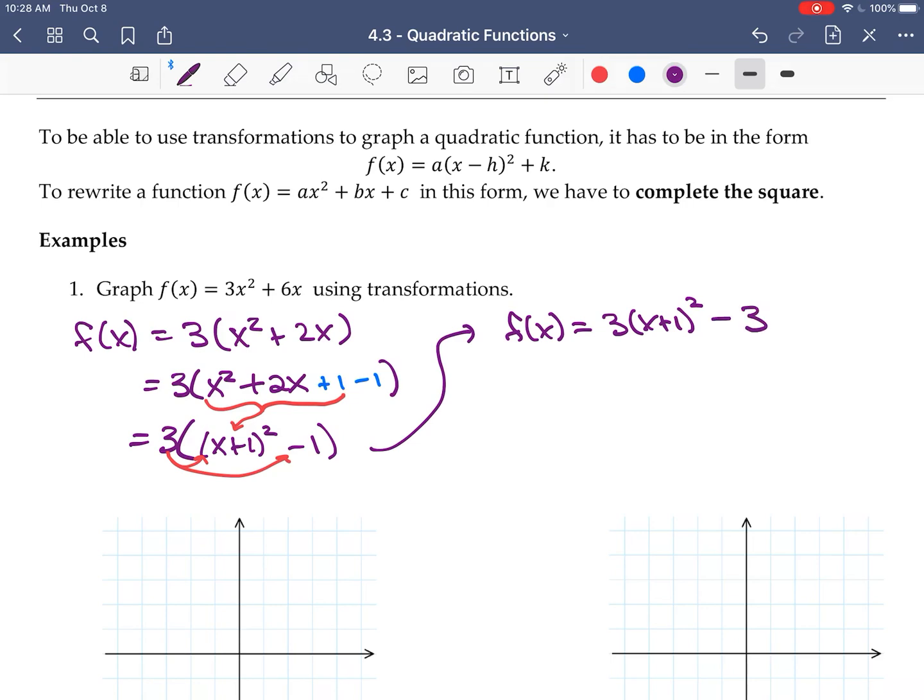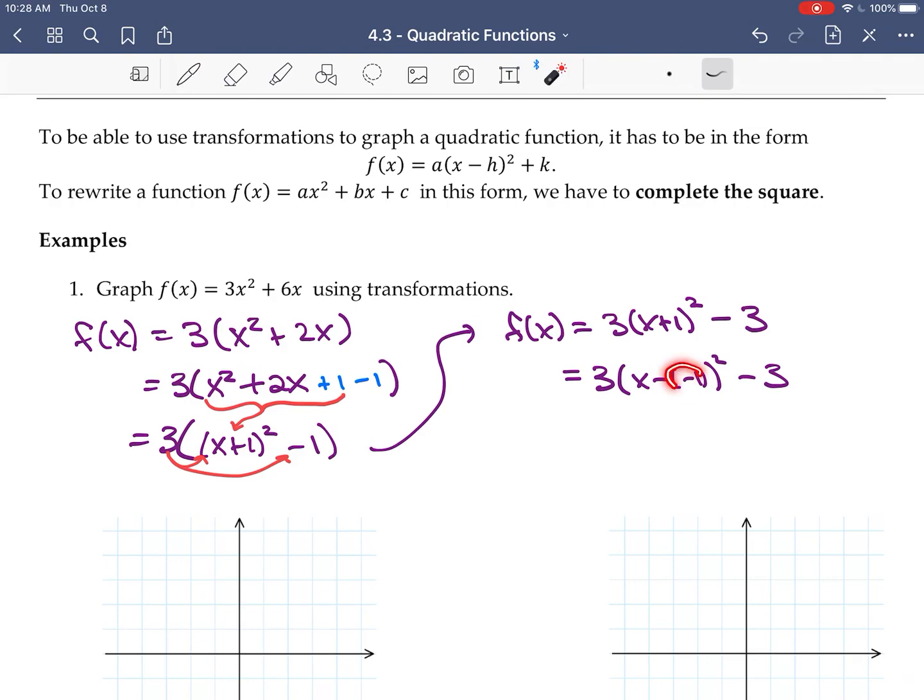So that's our transformed graph. And maybe you want to write it as 3 times x minus negative 1. So that's the equation written so we can see the transformations.